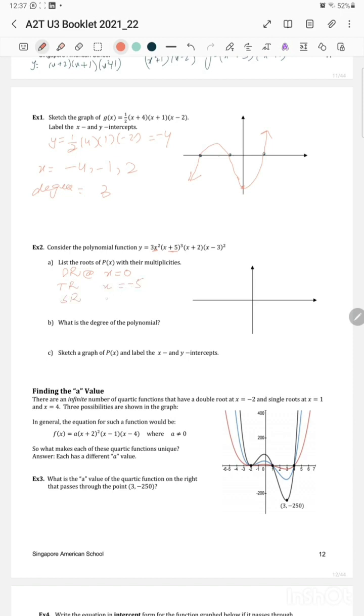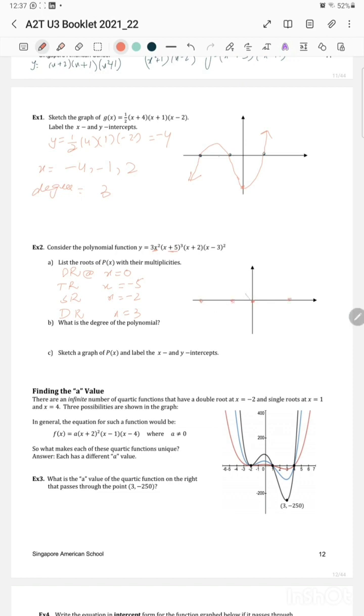Single root at x = -2, and double root at x = 3. So x is equal to 0, then -5, -2 and 3.